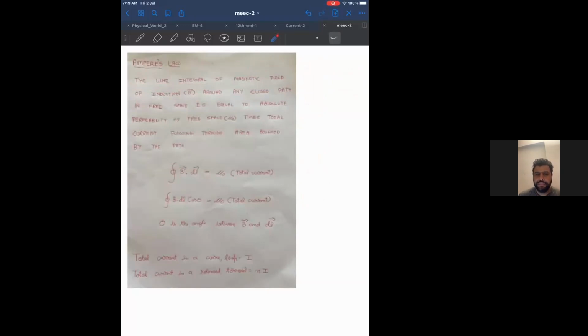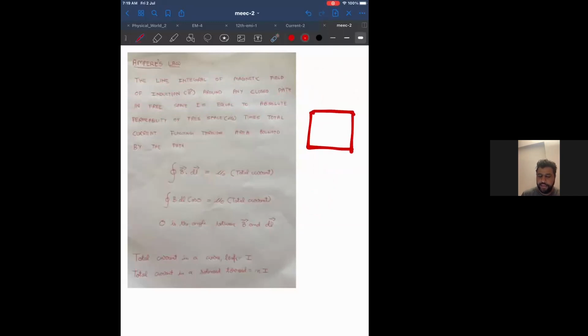Integration is denoted like this, and closed integration is denoted like this, correct? So the line integral of magnetic field of induction around any closed path in free space is equal to. Now I'll tell you the difference between integration and closed integration.